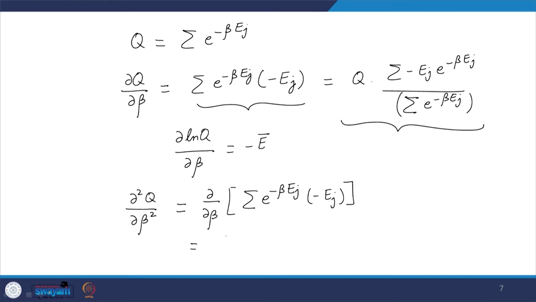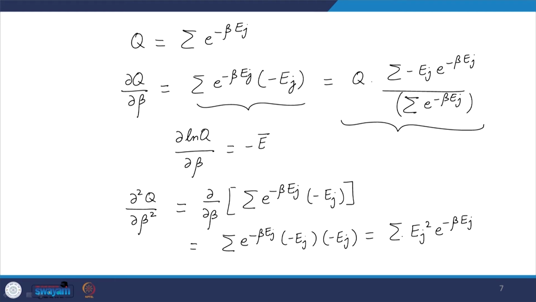That is the summation over e to the power minus beta E_j times minus E_j, which still appears there, but we have one more derivative of minus beta E_j with respect to beta, that is minus E_j. That is the summation over E_j squared e to the power minus beta E_j.